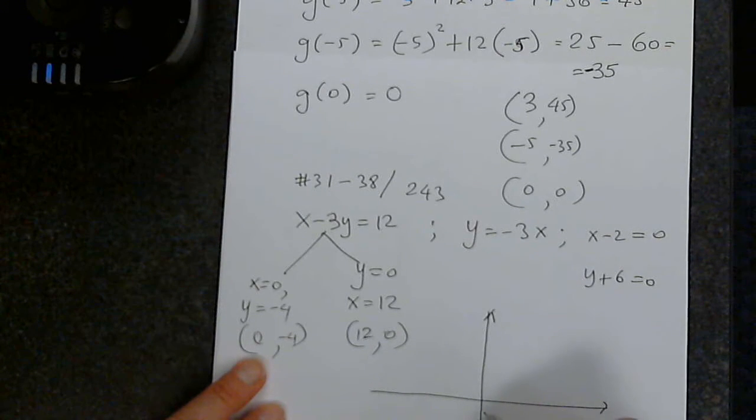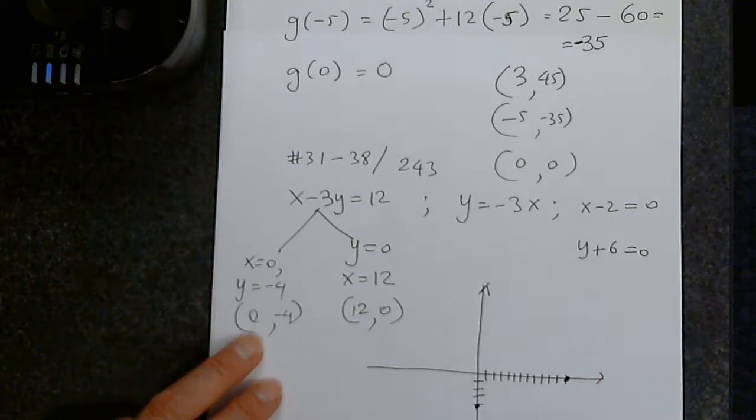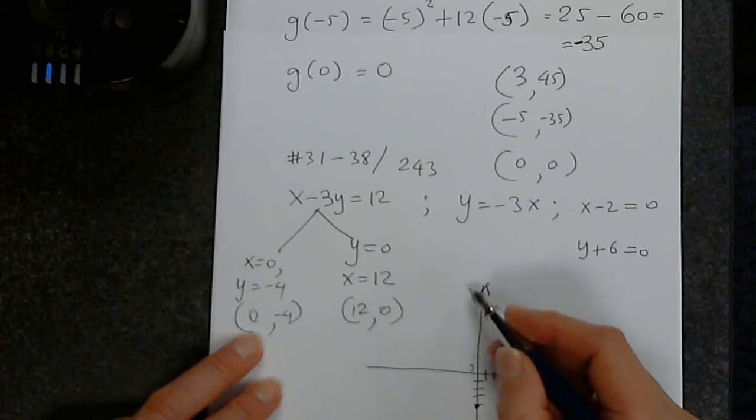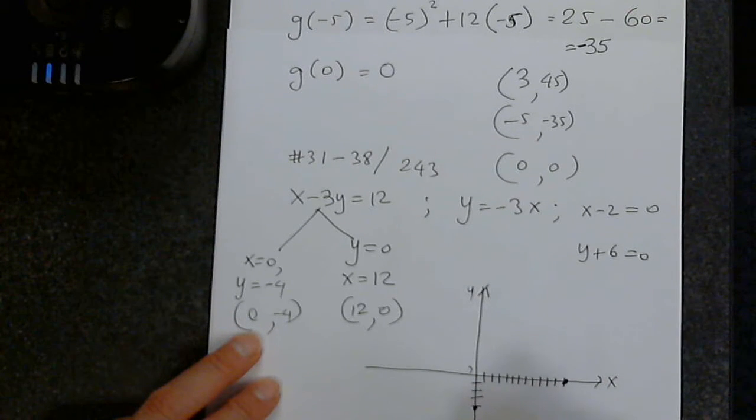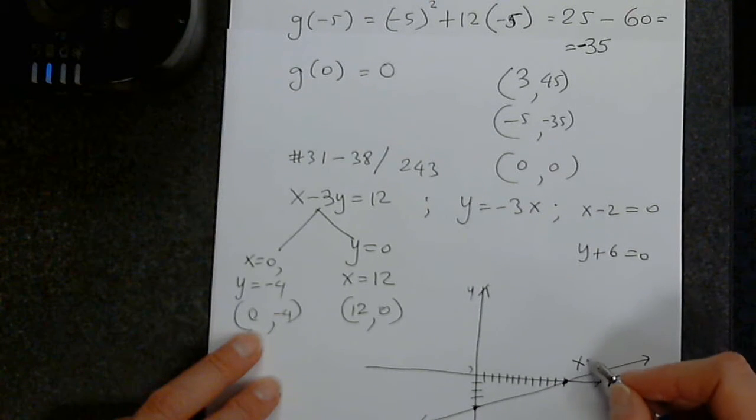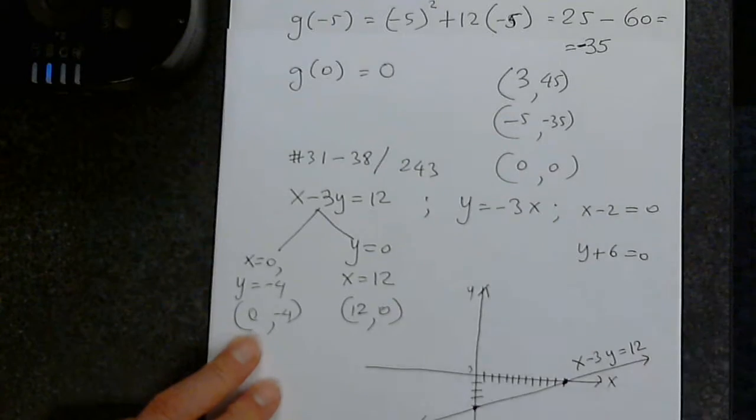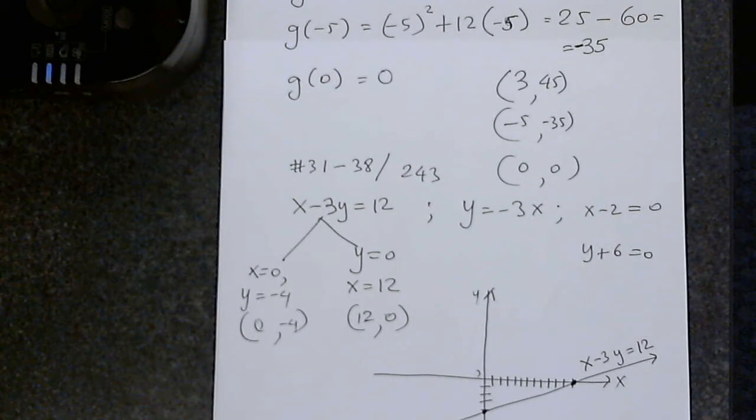Zero, negative 4. 12 comma 0. Any questions about the first one?